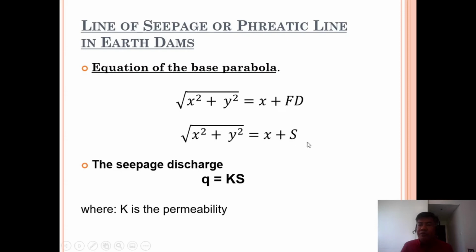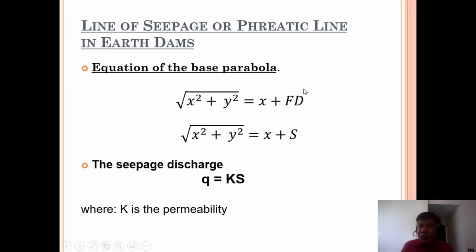This is just a summary, because it is a lengthy discussion of how this formula was derived. The square root of x squared plus y squared, from the parabola equation, is equal to x plus this distance, the focus to the directrix. From that figure, you are going to determine this distance, the focus from the directrix.